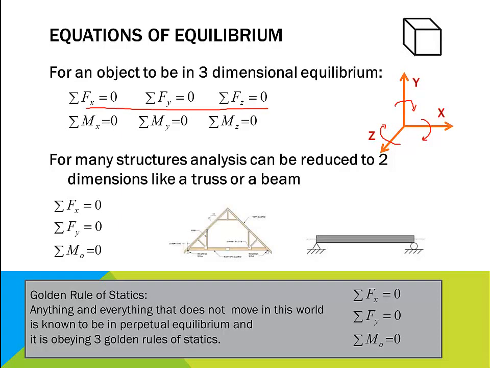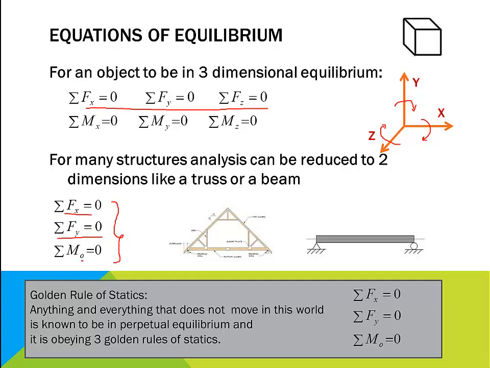For many structures, analysis can be reduced to 2 dimensions instead of 3 dimensions, like a truss or a beam. This means we can effectively reduce the 6 equations to 3 equations. Sum of the forces in the x direction equals 0 and sum of the forces in the y direction equals 0, plus the sum of the moments in the z direction should be equal to 0 for 2-dimensional equilibrium.